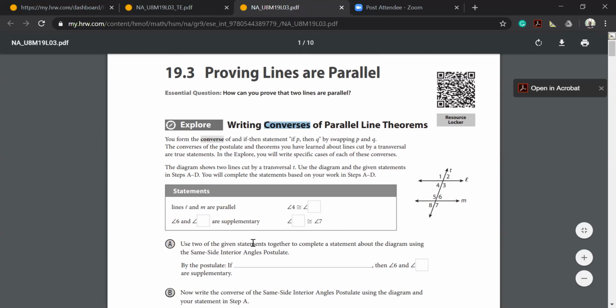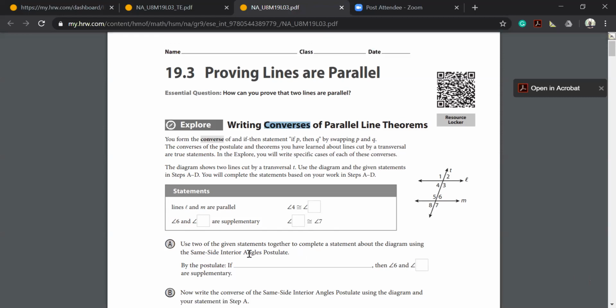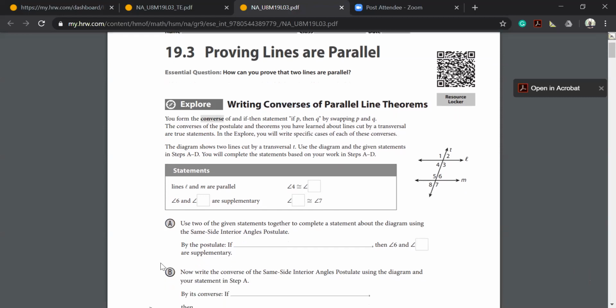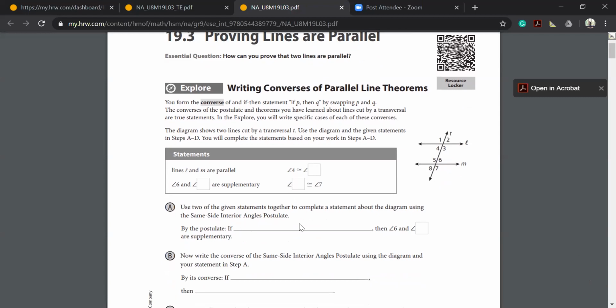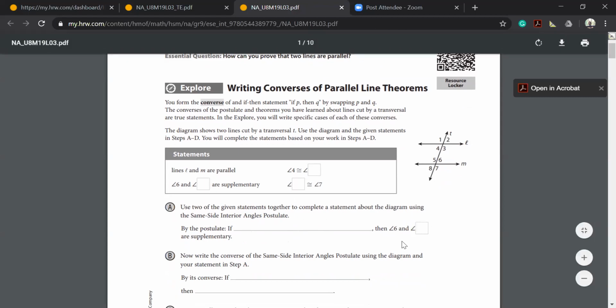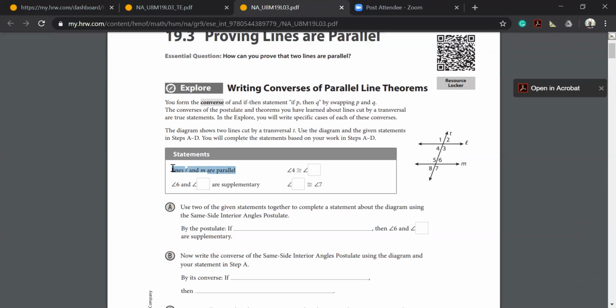Use the given statements together to complete the statement about the diagram using the same side interior angle. By the postulate, if lines L and M are parallel, then angle 6 and angle 3 are supplementary. Why did we say that angle 6 and angle 3 were same side interior angles? Because in the beginning he told you that lines L and M are parallel, right?